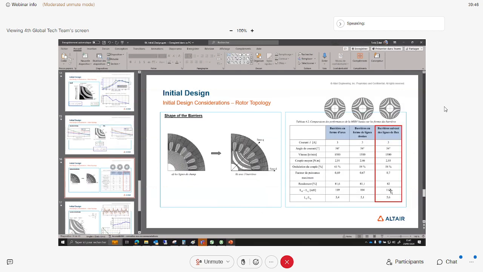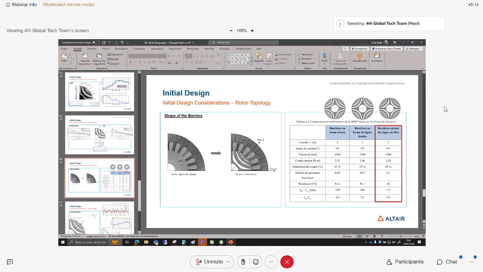Okay, so the shape of the barriers can be obtained from a full finite element computation to see how the flux lines behave if I put the rotor without barriers, actually, right?